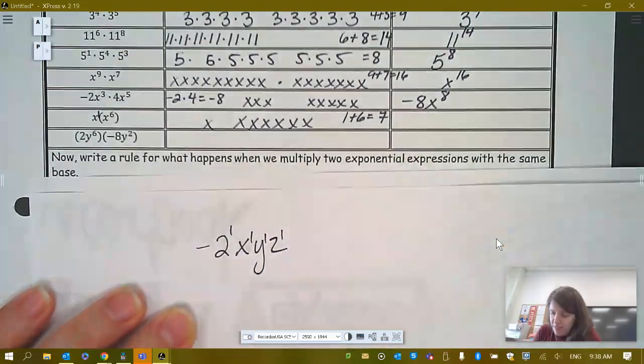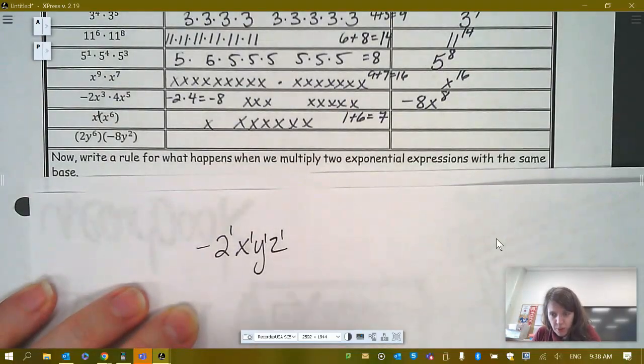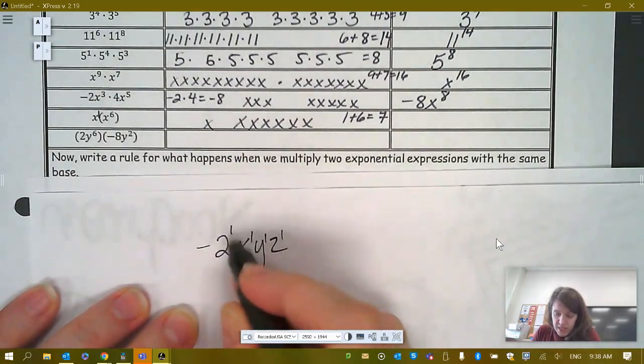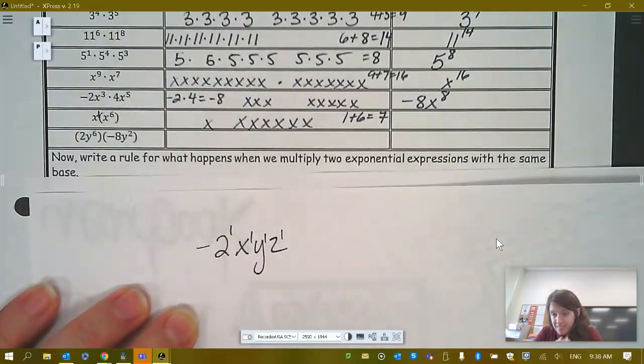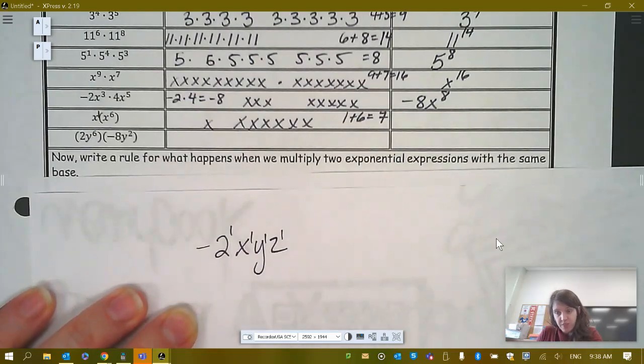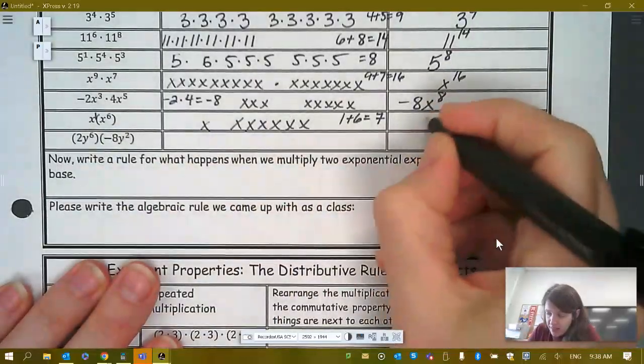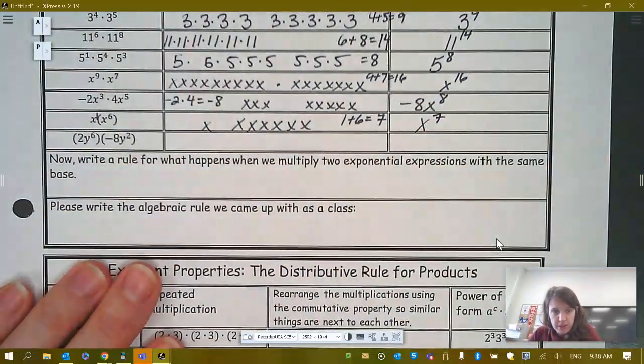But I don't write things that way because it would get really annoying after a while. We assume that it's a 1 exponent if it doesn't say anything else. So when it doesn't have an exponent, that doesn't mean there isn't actually an invisible 1 there. So we have to add it together with the 6 of the second term, and we get 7. So we get x to the 7th power.